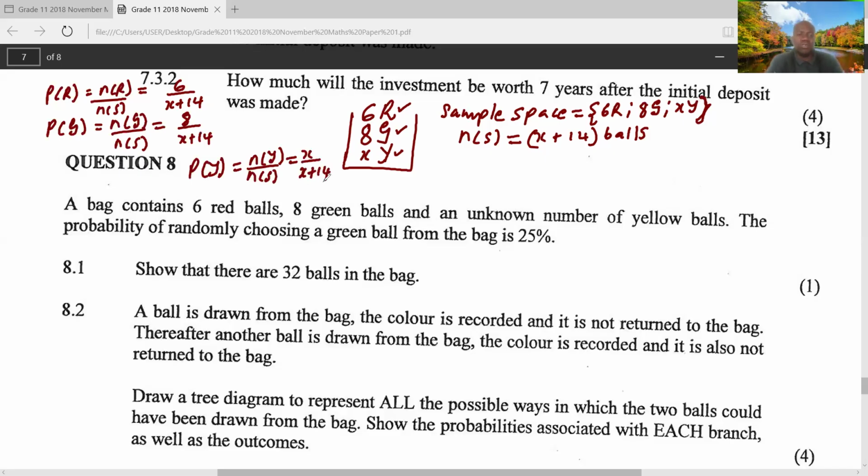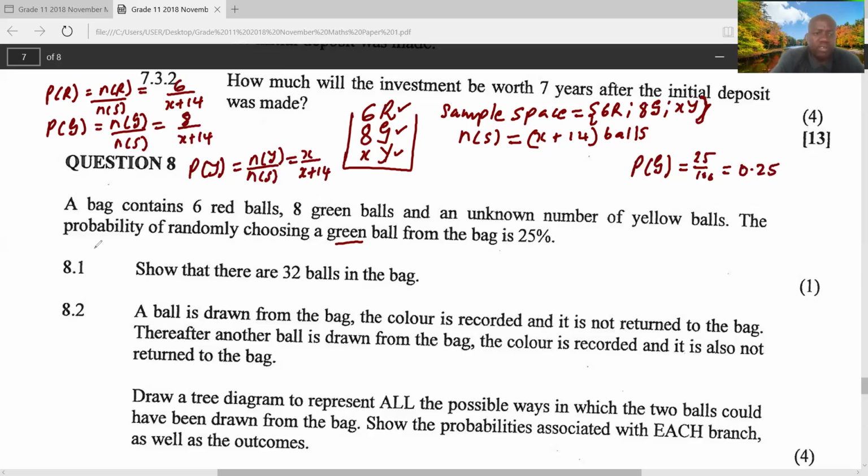Now, according to the question statement, it says the probability of randomly choosing a green ball. So we are given the probability of choosing a green. It is 25%, and 25% is the same as 25 over 100, which is 0.25.